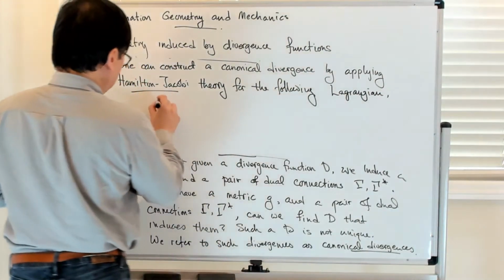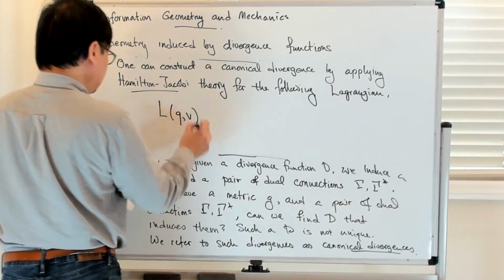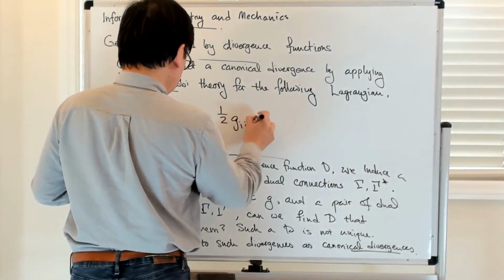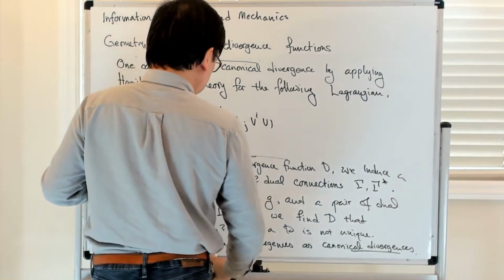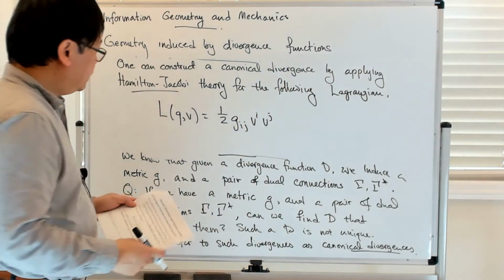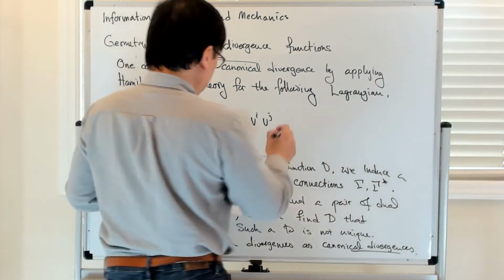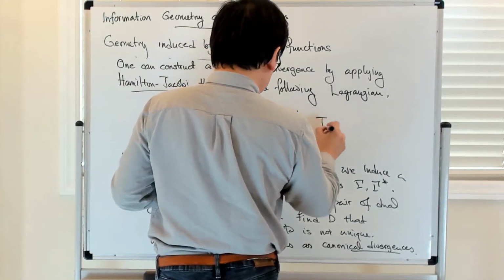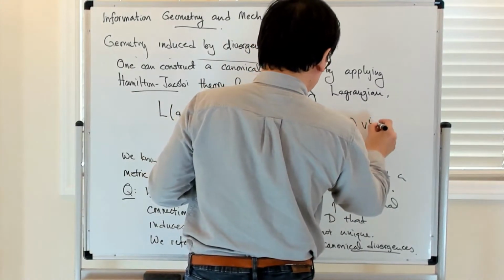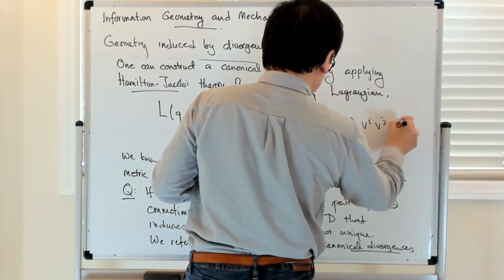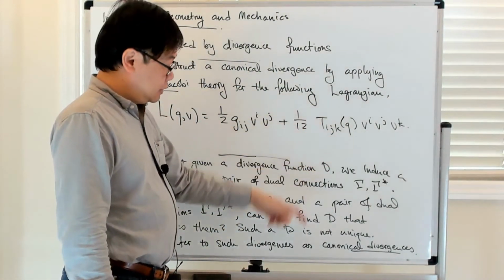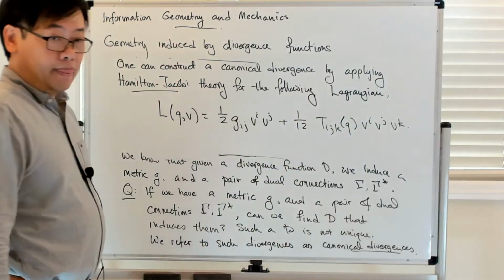This Lagrangian depends on position and velocity, and it's given by 1/2 G_ij v^i v^j. So this is like a kinetic energy term, right? It's 1/2 mv squared, basically, plus 1/12 T_ijk at q contracted into v^i, v^j, v^k.